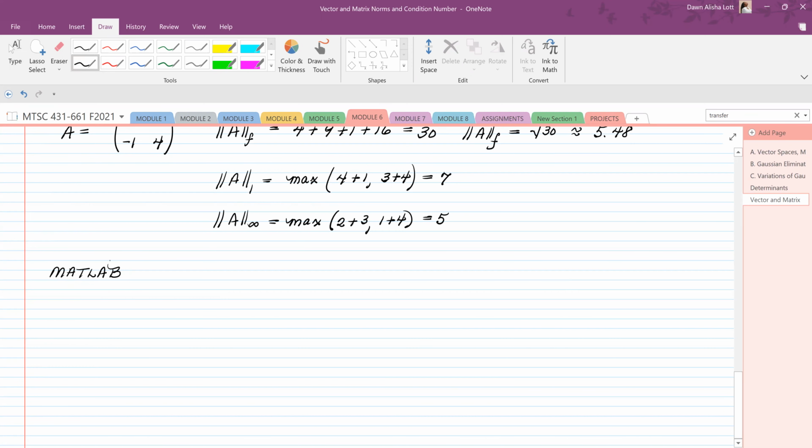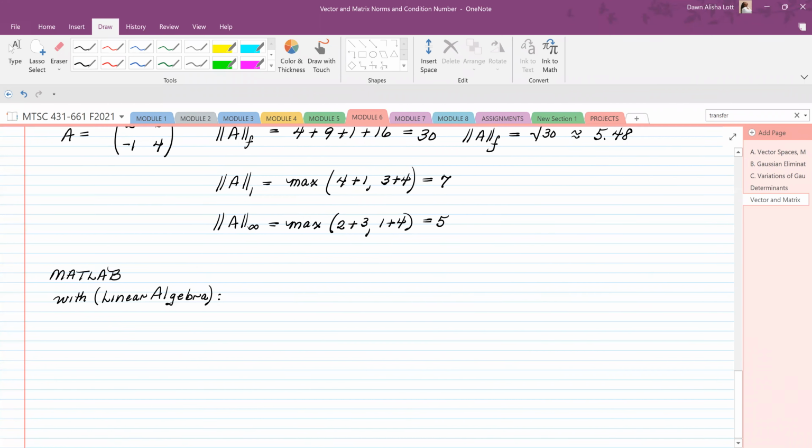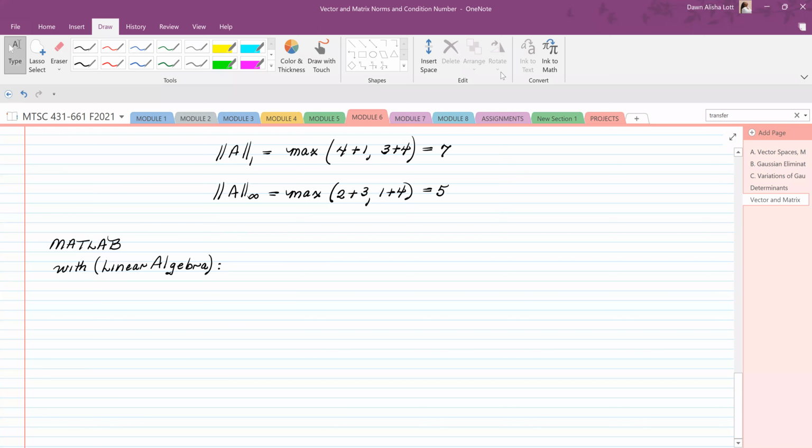You can do this. MATLAB has a lot of wonderful things. If you do it with linear algebra, then you turn on all the linear algebra possibilities. So you can do things like reduced row echelon form.